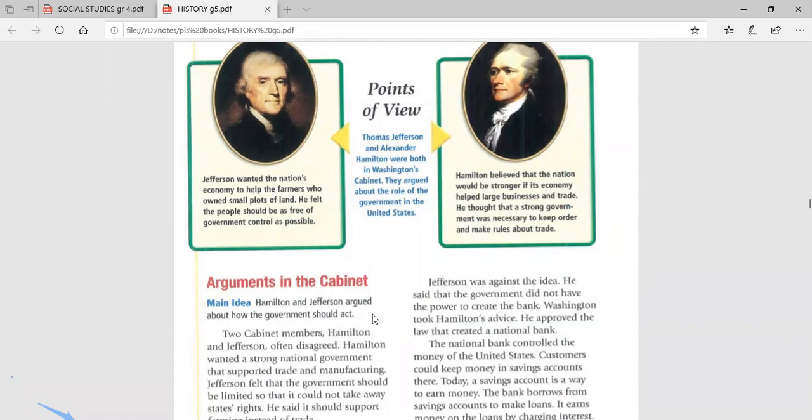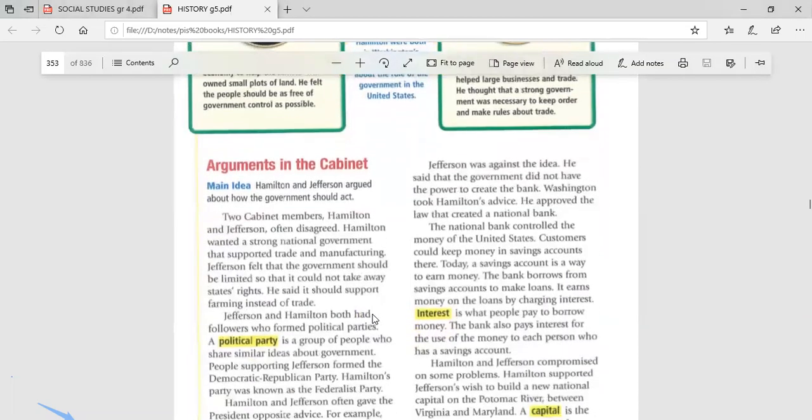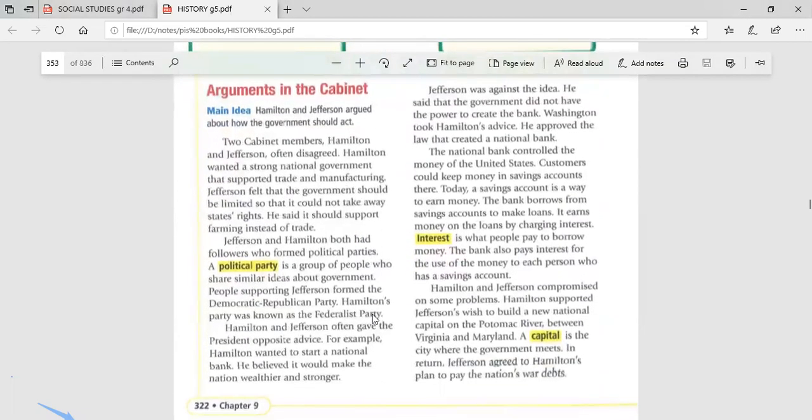So let's see here what are the different points of view of Jefferson and Hamilton. The cabinet members, Hamilton and Jefferson, often disagreed. So all the time, each one has a different point of view. Hamilton, for example, wanted a strong national government. He wanted America to be strong. How to be strong? He supported trade and manufacturing.